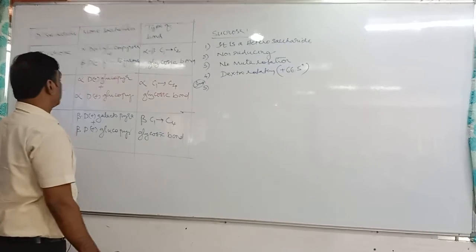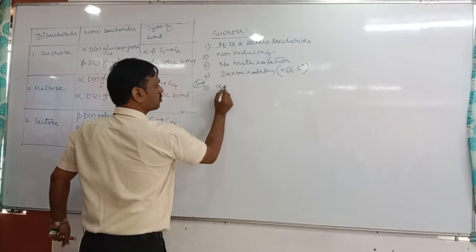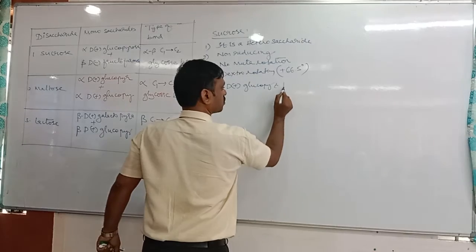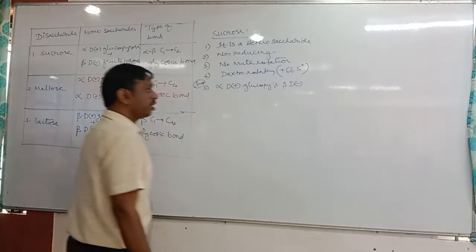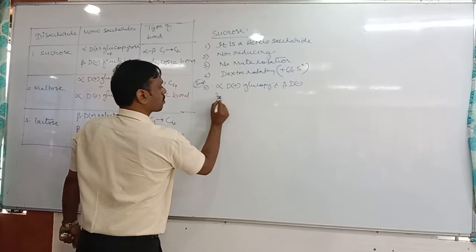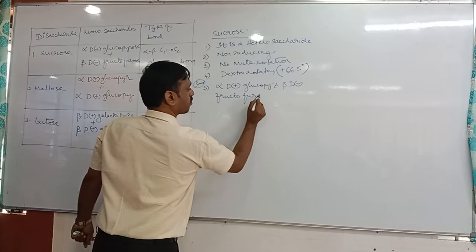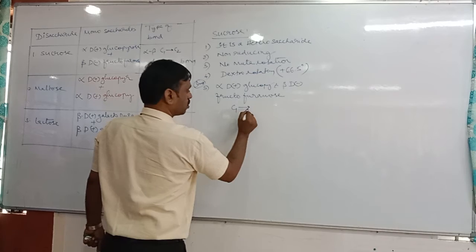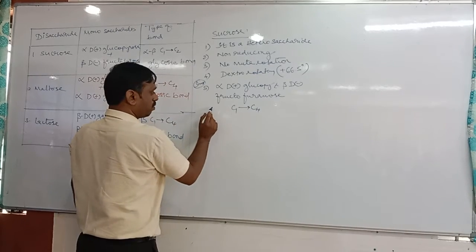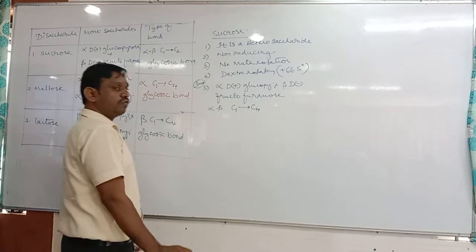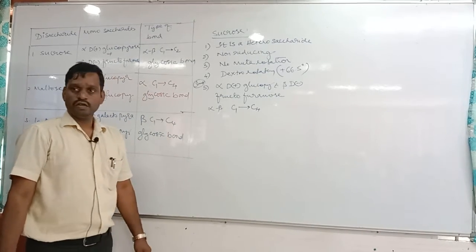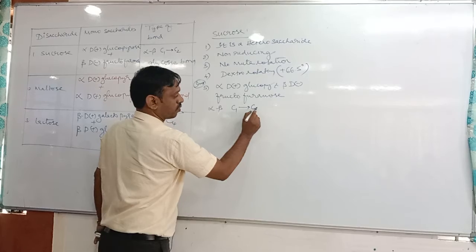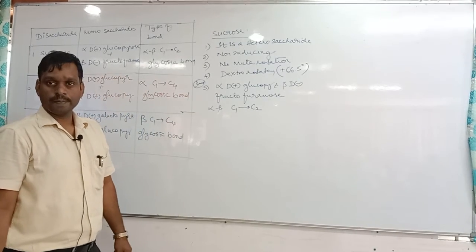Okay, right. It is composed of alpha D plus glucopyranose and beta D minus fructopyranose, which are joined together by an alpha beta C1 to C2 glycosidic bond.